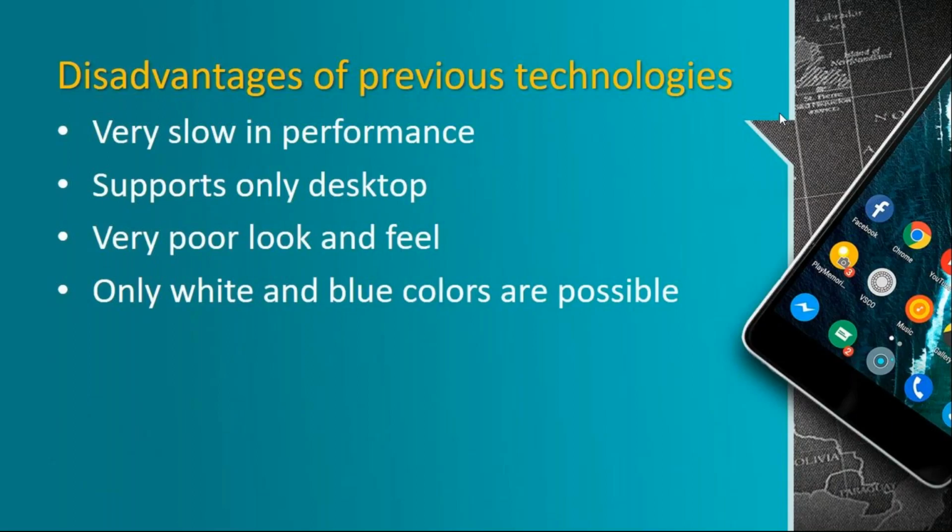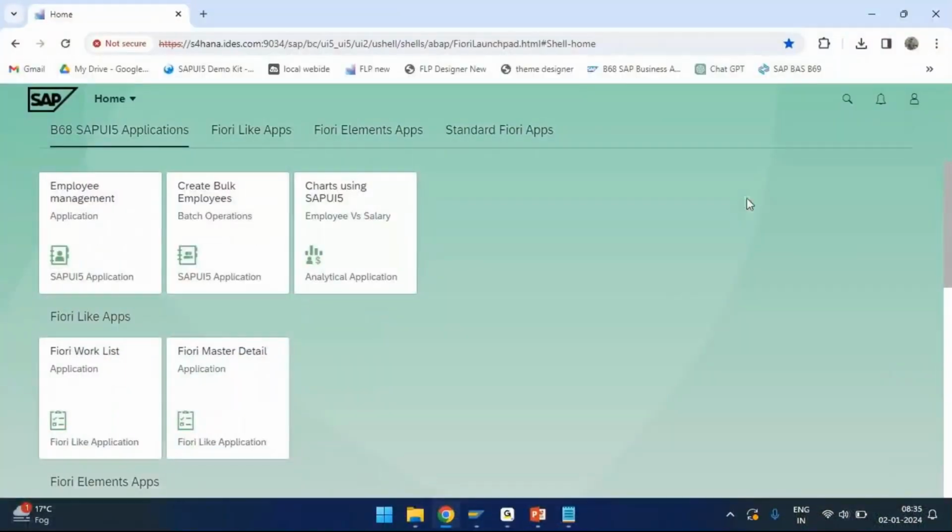You can see that the look and feel of those applications looks like GUI kind of applications, but they don't really look like modern web applications. And only white and blue colors are possible. No other colors you can incorporate in those technologies. Only white or blue. But if you see this Fiori launchpad, is this the standard launchpad?